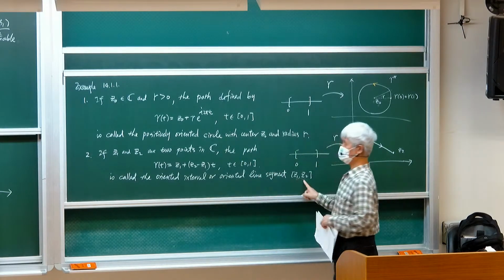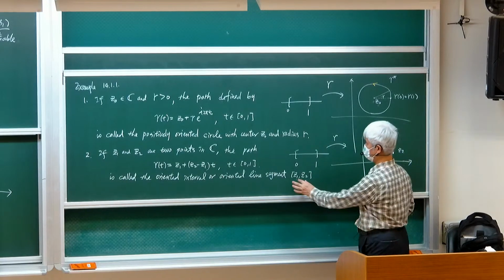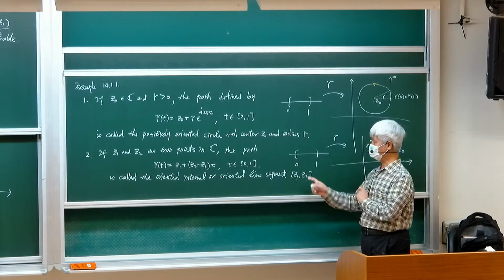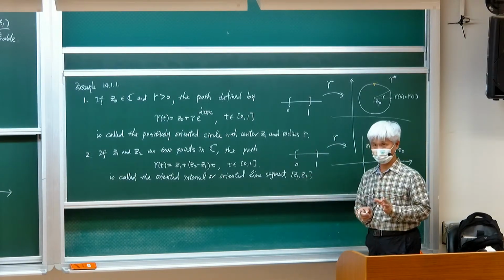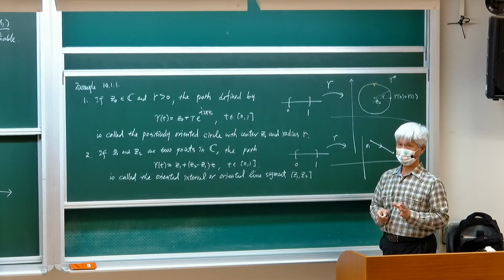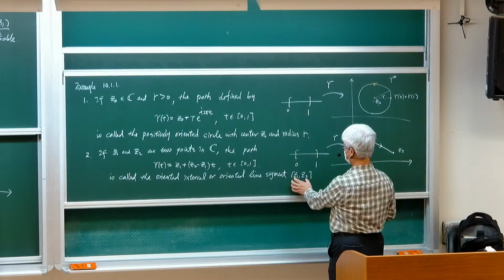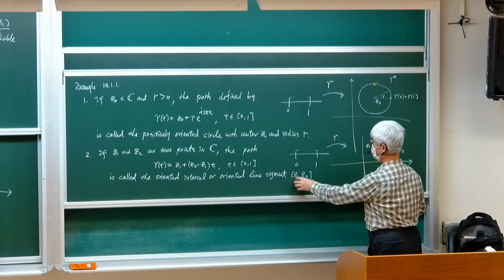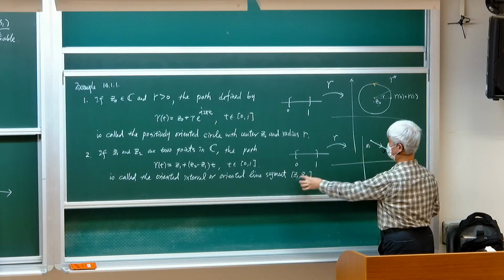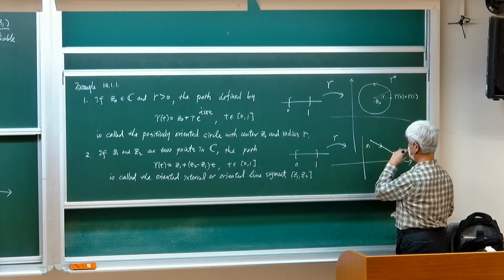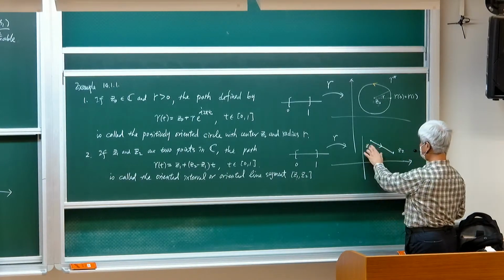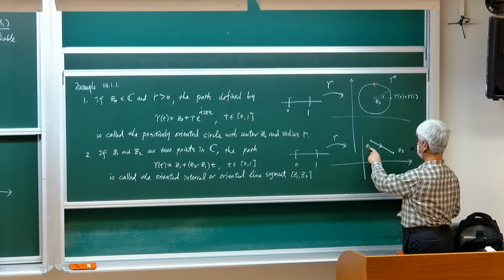So we write it as an interval, but actually Z1, Z2 are complex numbers. This notation shows that it's a line segment, oriented from Z1 to Z2.